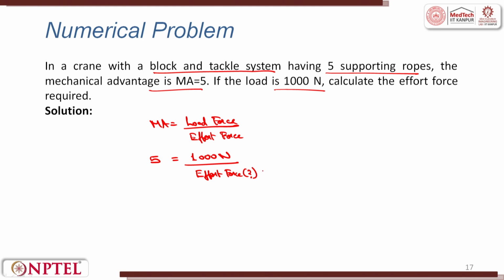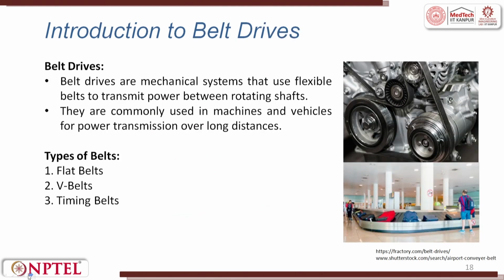This is what is to be determined, which gives me effort force equal to 1000 by 5 Newton, which is equal to 200 Newtons. So, with only 200 Newton of effort, 1000 Newton of load could be lifted with a mechanical advantage of 5. So, with a brief introduction to pulleys, let me now move to belt drives.